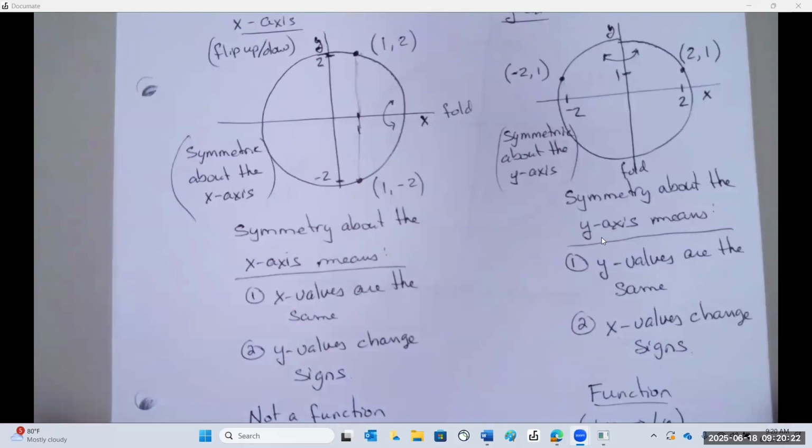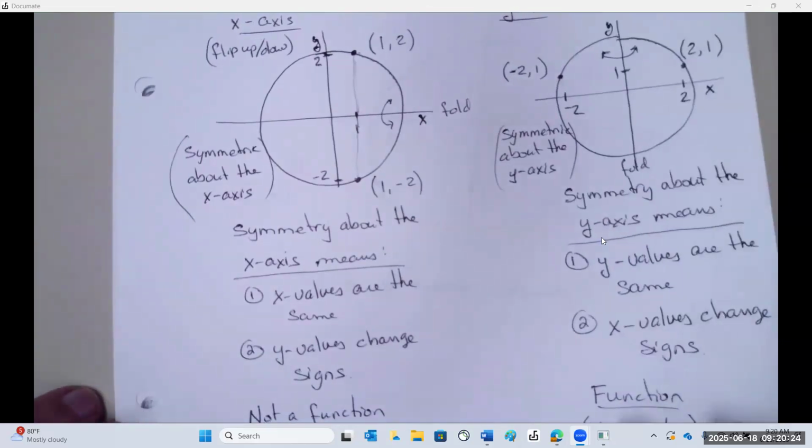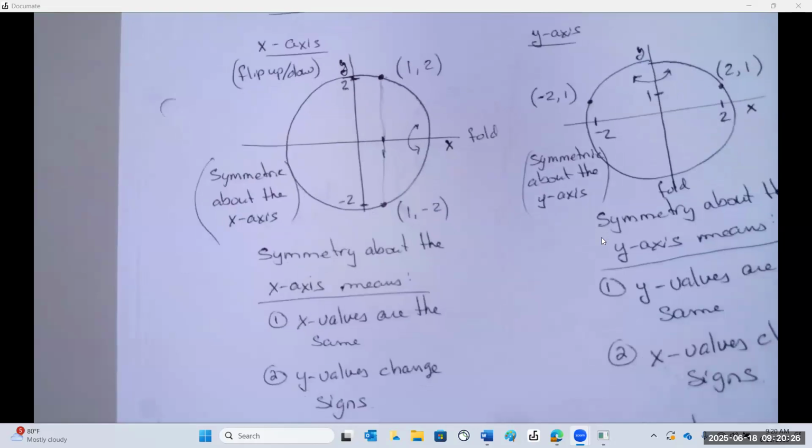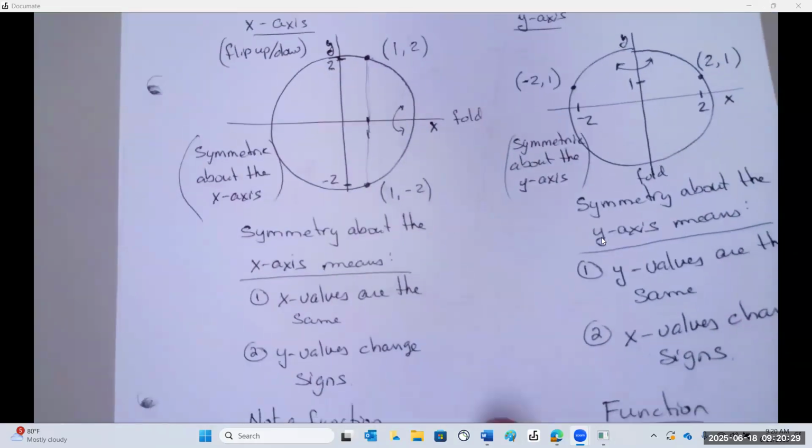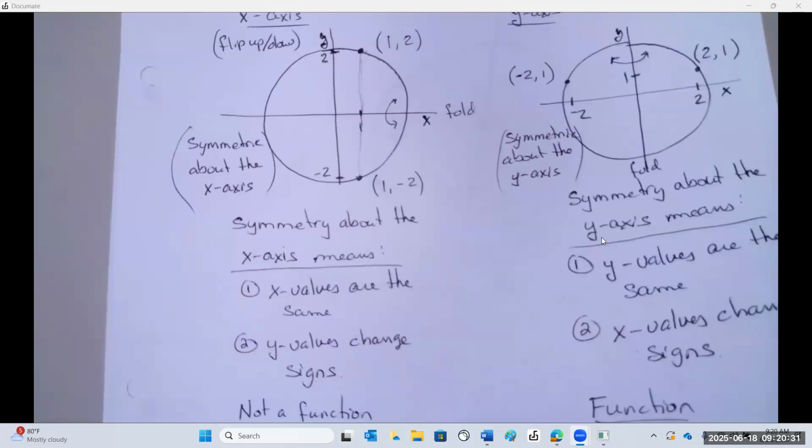Well, if I give you a function, an equation, how would you prove to me which one of these three it fits?